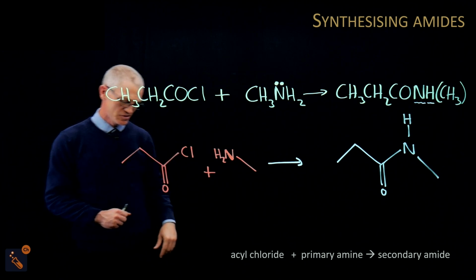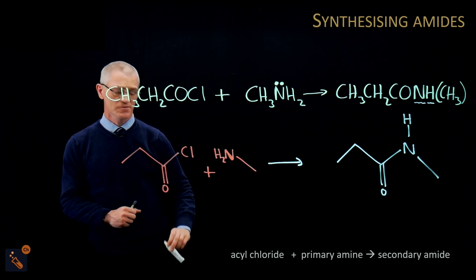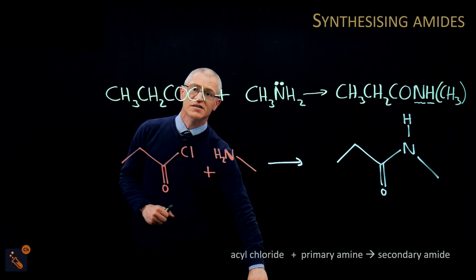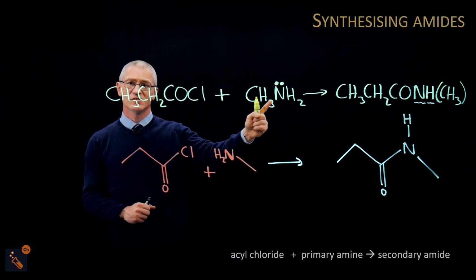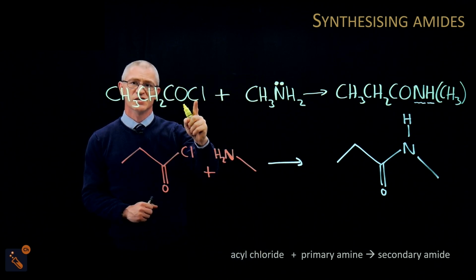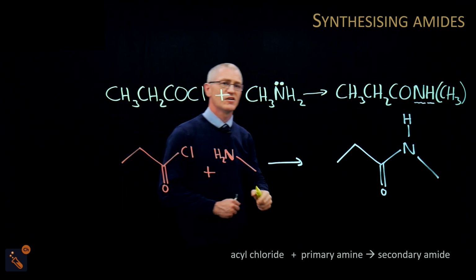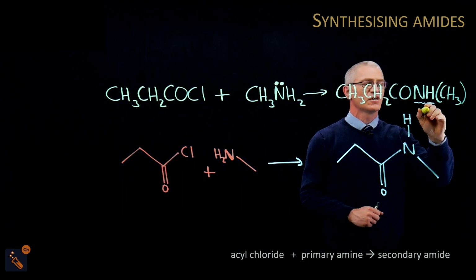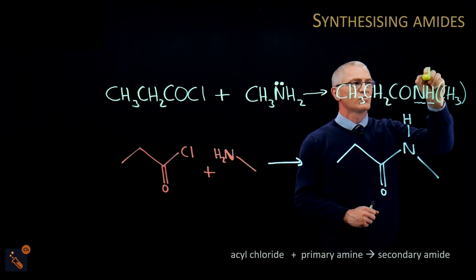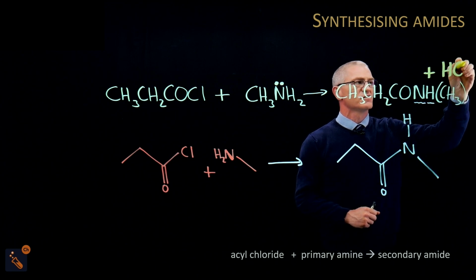Now what I haven't included, which I will just finish off by including, is the fact that, remember, when this reacts, it's a condensation reaction. So the Cl leaves and one of the H's leave, and so therefore we have plus HCl here.